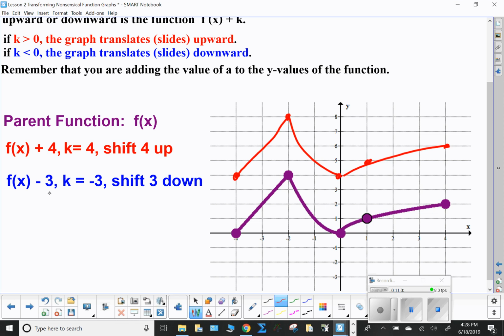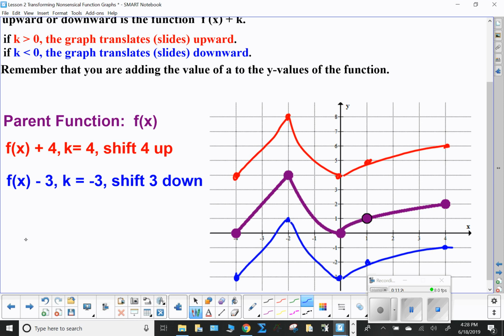Or f of x minus 3. K is negative 3. It went down 3. Again, you just take 1, 2, 3. You take each one of the points and move them down 3. And then reconnect the points.